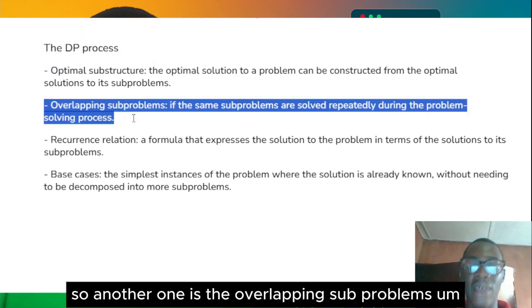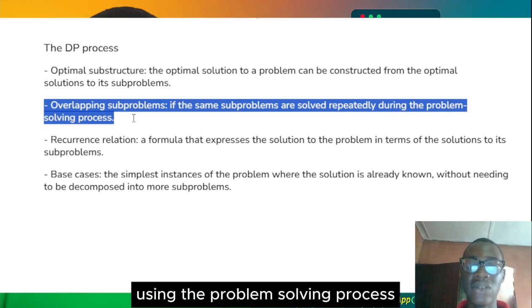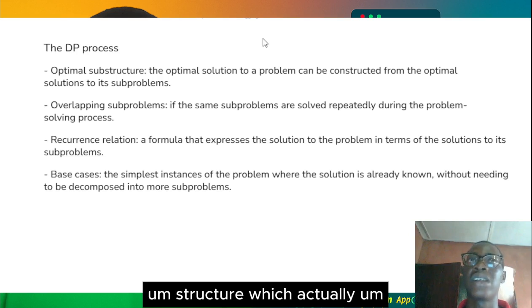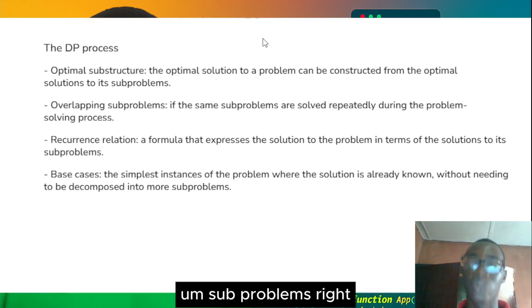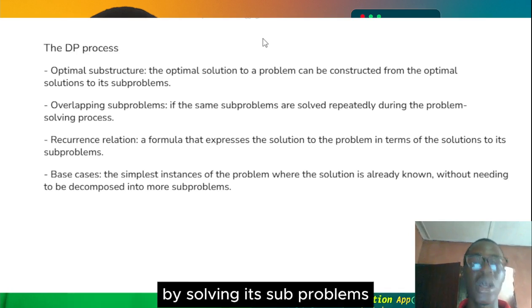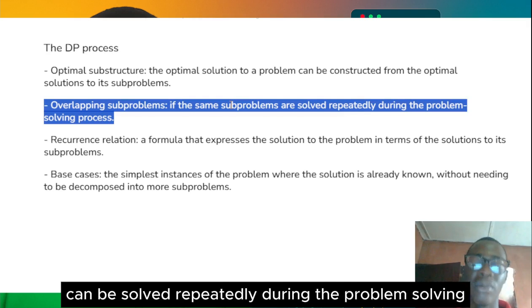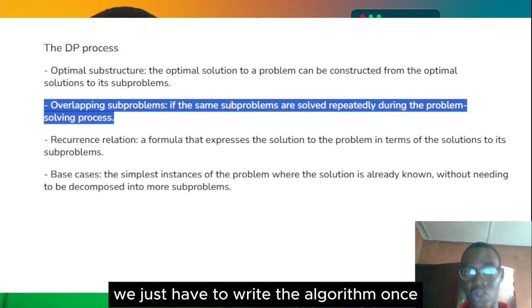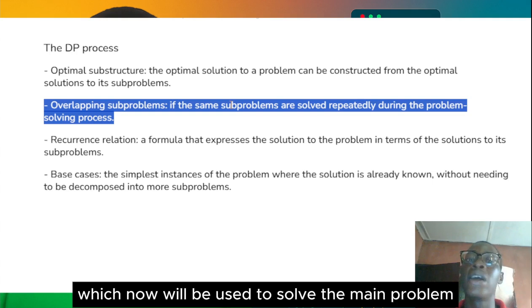Another term is overlapping subproblems. That is, the subproblems are solved repeatedly during the problem solving process. The first one, optimal substructure, proposes that the problem can be solved by solving its subproblems. This overlapping subproblems term tells us that these subproblems can be solved repeatedly, meaning we just have to write the algorithm once, and this algorithm applies to solve each of the subproblems, which will then be used to solve the main problem.